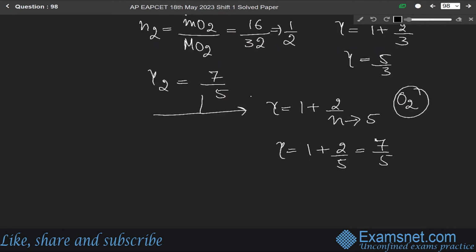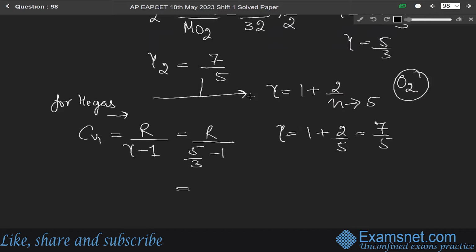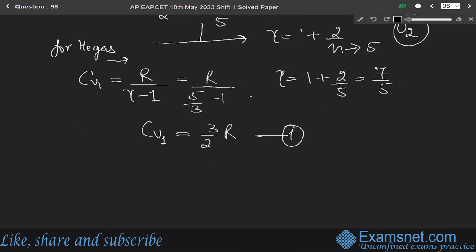Okay. Now Cv1 for helium gas. For helium gas, Cv1 will be equal to R over gamma minus 1. So it will be R over 5 by 3 minus 1. So it will be 3 by 2 R. Okay. Let us say this is equation 1.